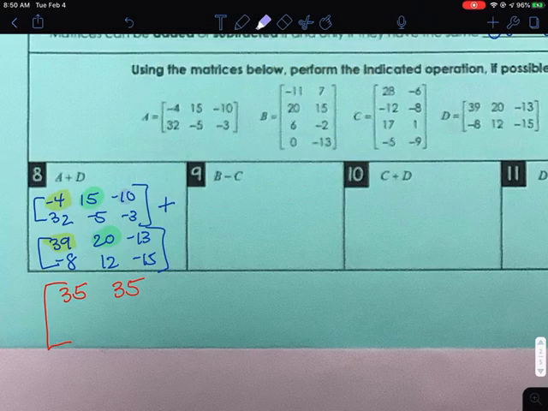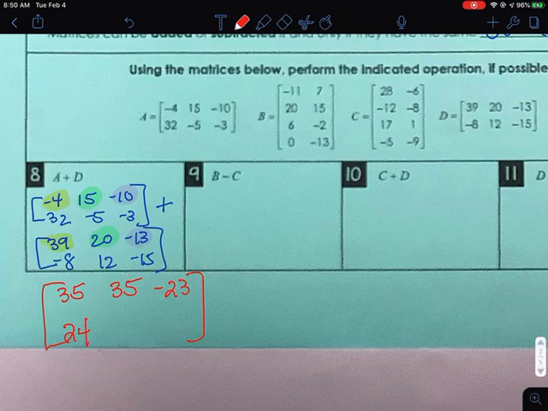And then finally on the top row, I'm going to add -10 plus -13, which gives me -23. That's the top row done. Now let's add the bottom rows together. So 32 plus -8 is 24. -5 plus 12 is 7. And then last, -3 plus -15 is -18. And that is your answer.